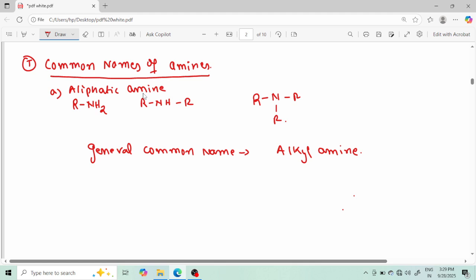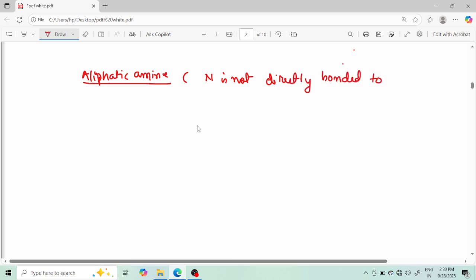Before we start, what is aliphatic amine? Just give me one moment, I will explain the difference between aliphatic and aromatic amine. In aliphatic amine, in simple terms, the nitrogen is not directly bonded to a phenyl group.